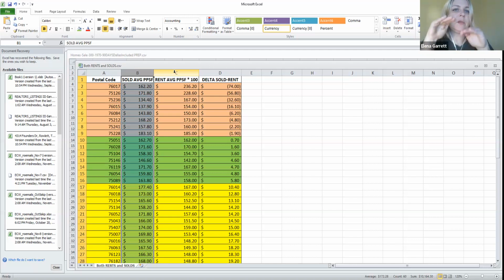I'm trying to bring them to a level. So I'm taking the rents per square foot and multiplying them by 100. So this way the rents are now comparable.